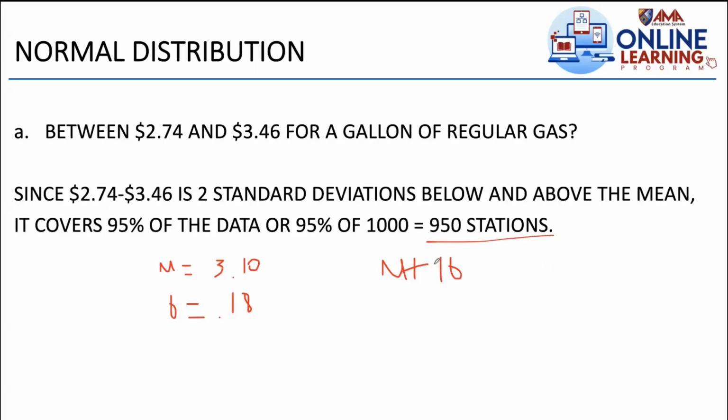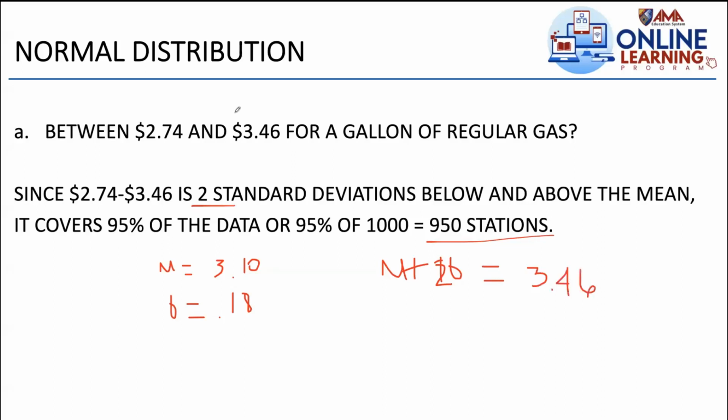Or better, 2, because it's mentioned here 2, right? What is mu plus 2 sigma? Isn't it equal to, mu is 3.10. What is 2 times 0.18? 0.36, right? So what is 3.10 plus 0.36? 3.46, right?